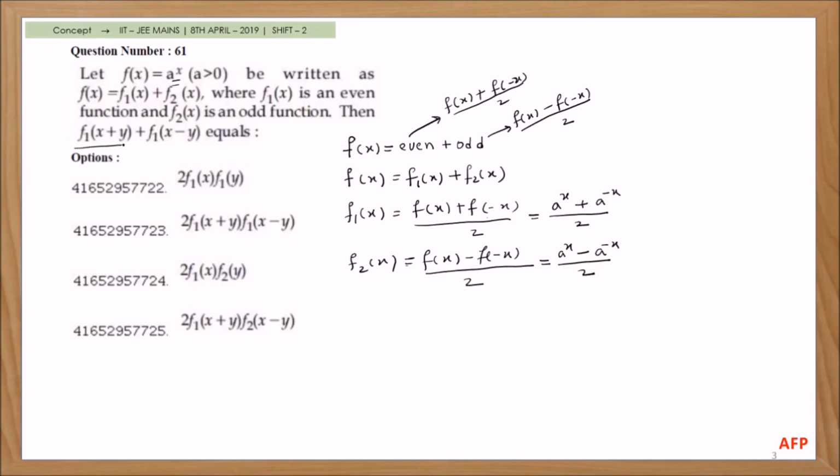Now we will take this and simplify f1(x+y) + f1(x−y). We will use this identity.